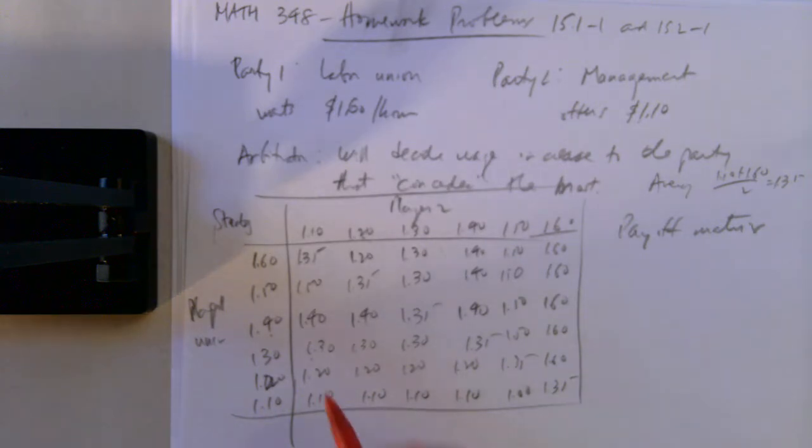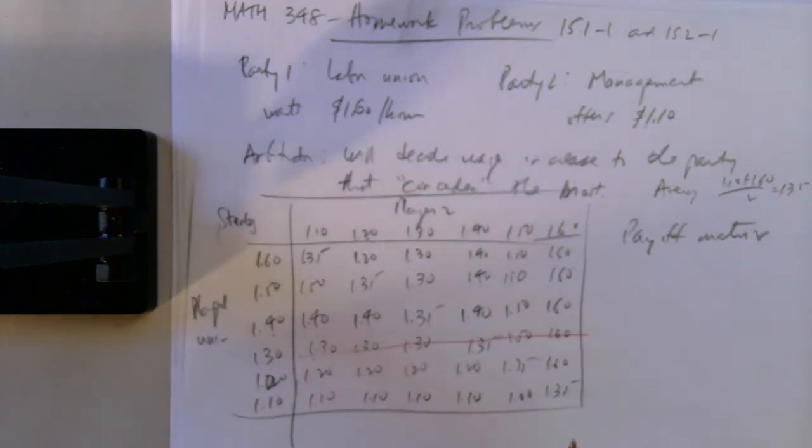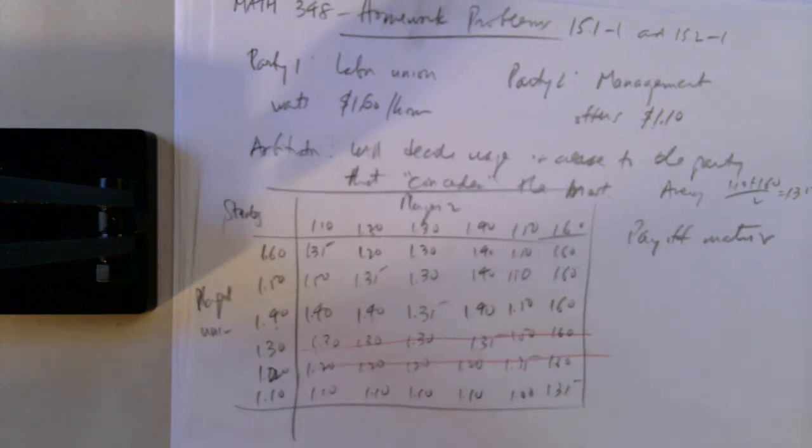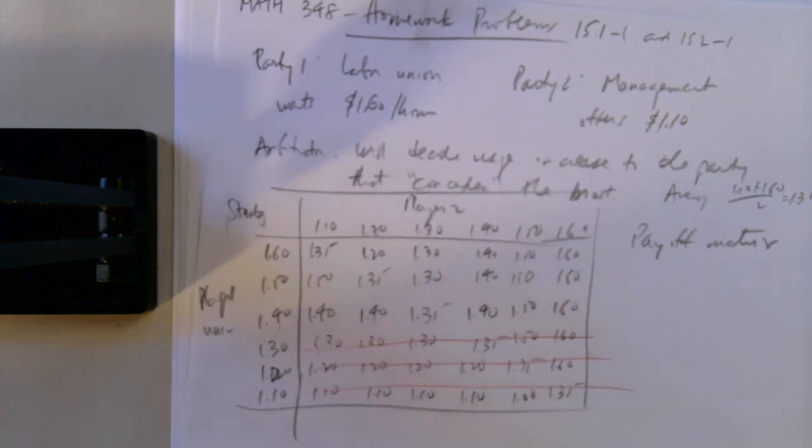So for the union, they would never do strategy 130. They would never do strategy 120, and they would never do strategy 110, because strategy 4 dominates strategies in the 4th, 5th, and 6th rows.